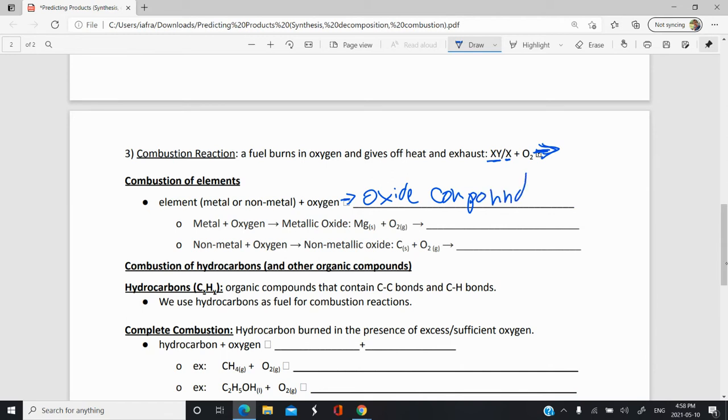So this is essentially a type of synthesis. So here we have one case, a metal and oxygen, give you a metallic oxide. So here we have a metal and oxygen, and it'll give us MgO, solid. And we figured that out because we did the crisscross between Mg and O. And then here we have a nonmetal and oxygen gives us a nonmetal oxide.